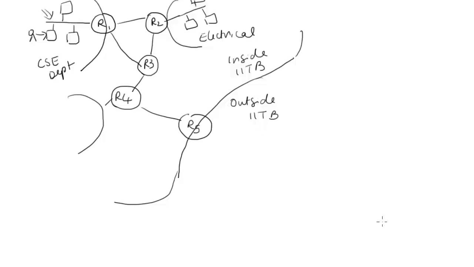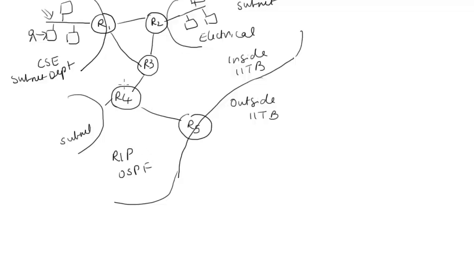So let's again see what's happening at the network layer. As far as the network layer is concerned, this will be one subnet, this one will be another subnet, this other department here will be another subnet, so on and so forth, and these routers are interconnecting them. Now all these routers will execute an intra-domain routing protocol, let's say RIP or OSPF.